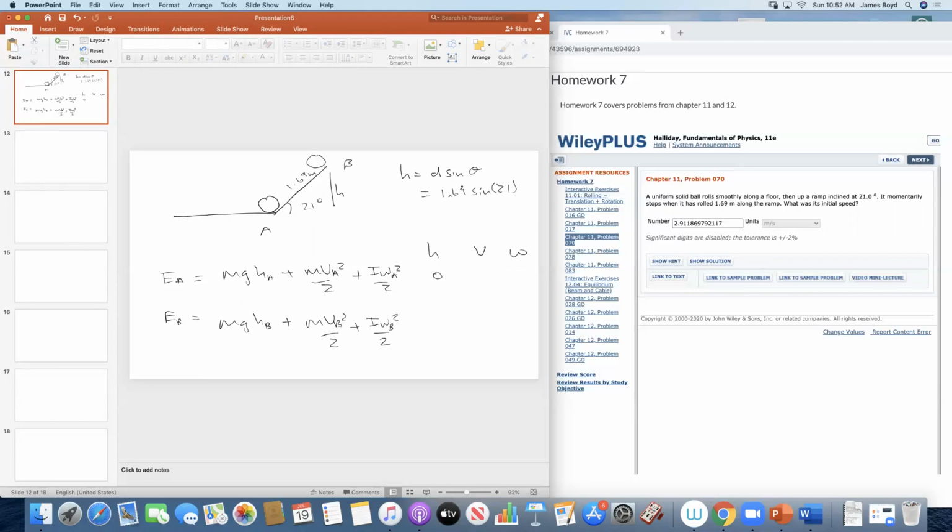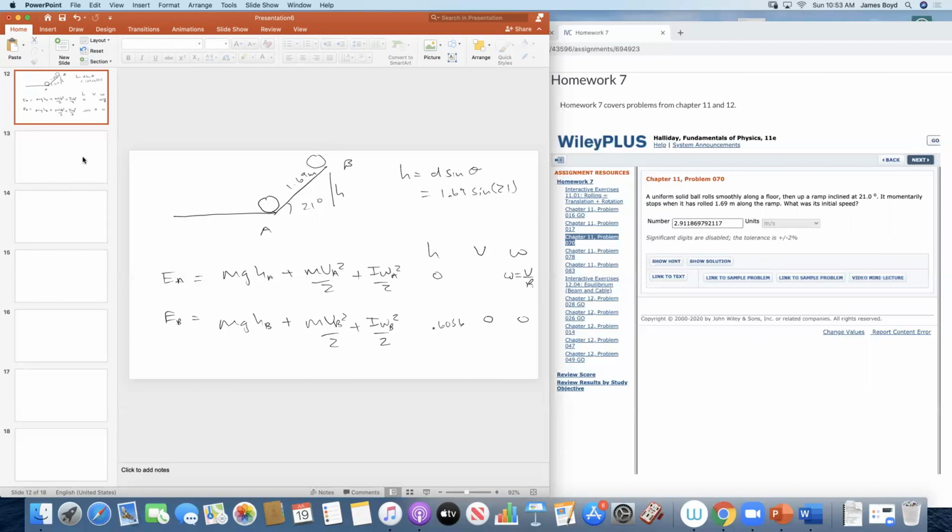And I'm just going to write that down right now. 1.69 sine of 21 is 0.6056. When it gets to the top here, it's at rest and it's not rotating. However, here, omega, remember, is equal to V over R. So whatever V is, we can do that.